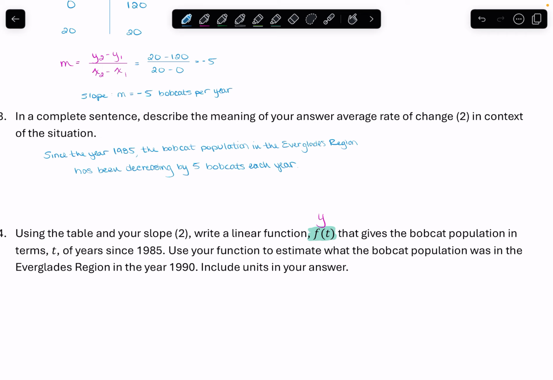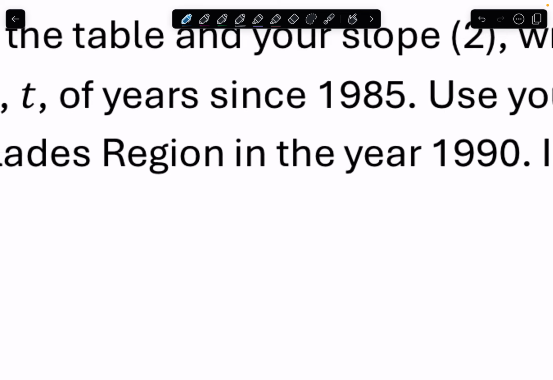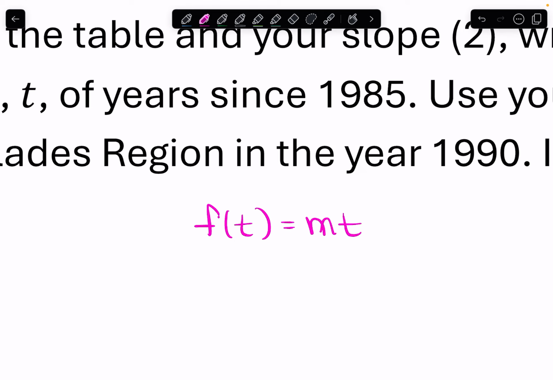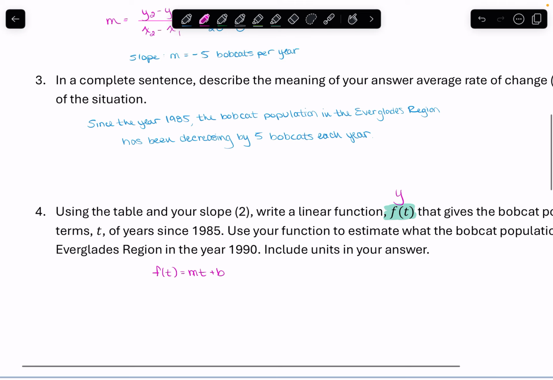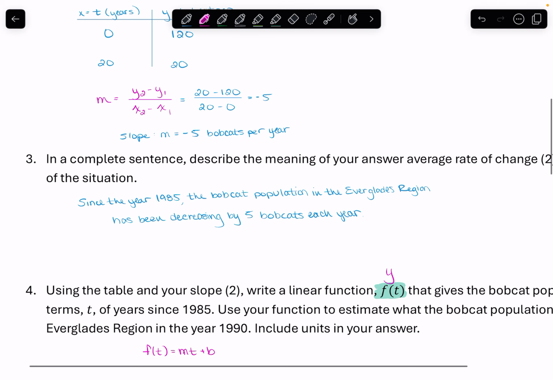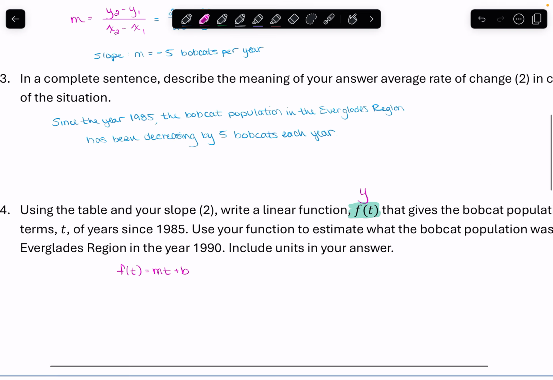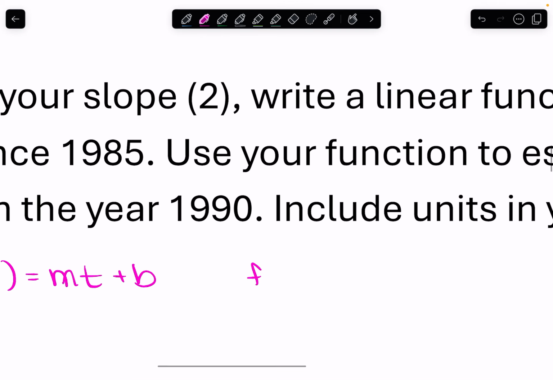So we're asked for a couple of things. So 1, equation. Our function f of t, remember this is a linear function, is going to be mt, because our x variable is t, plus b. M is our slope, b is our y-intercept. So if we go back up to question 2, our slope was -5. From 2, my slope is -5.